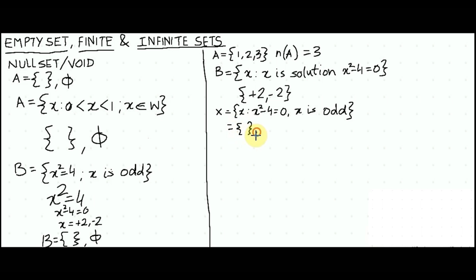So it is an empty set, and it is also represented by phi. This is also an example of a finite set because the number of elements is 0, and 0 is a countable digit. So we categorize the empty set as a finite set.